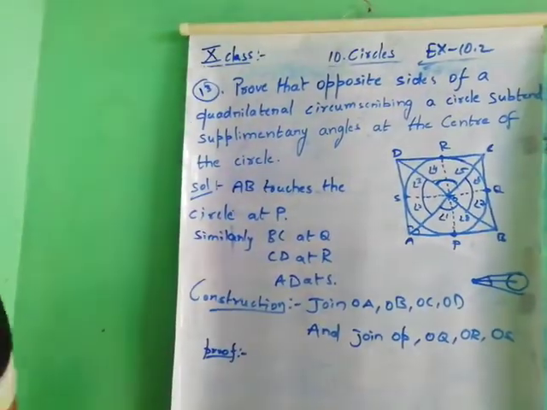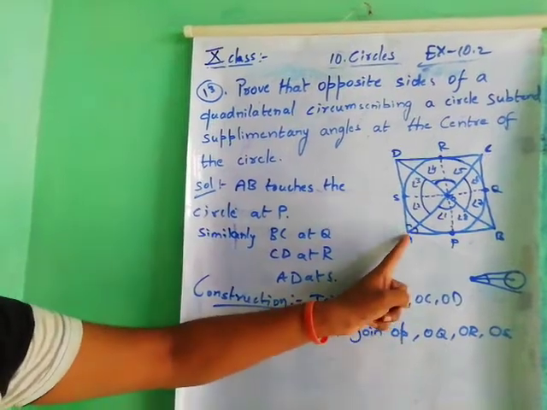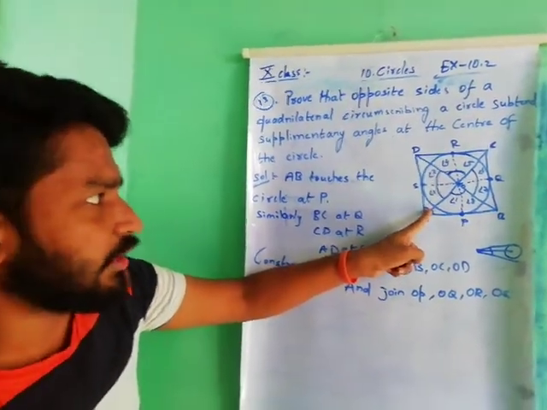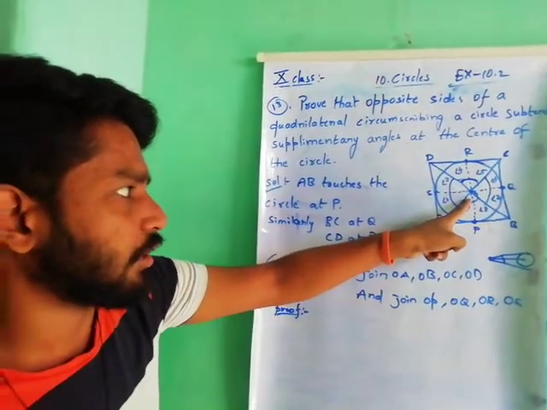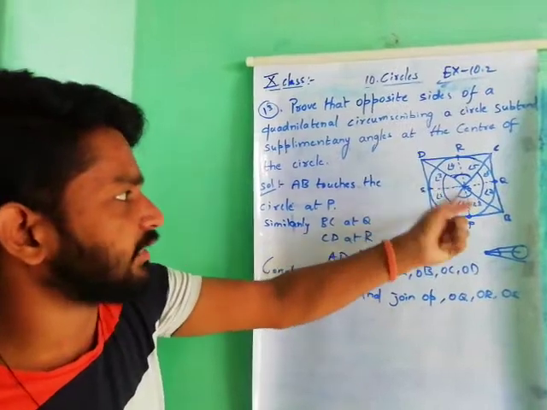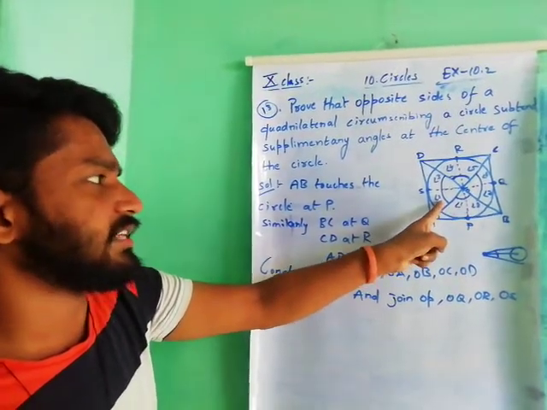We have to observe that here A is an external point, so these two angles are equal. Here it is angle 1, here it is angle 2.